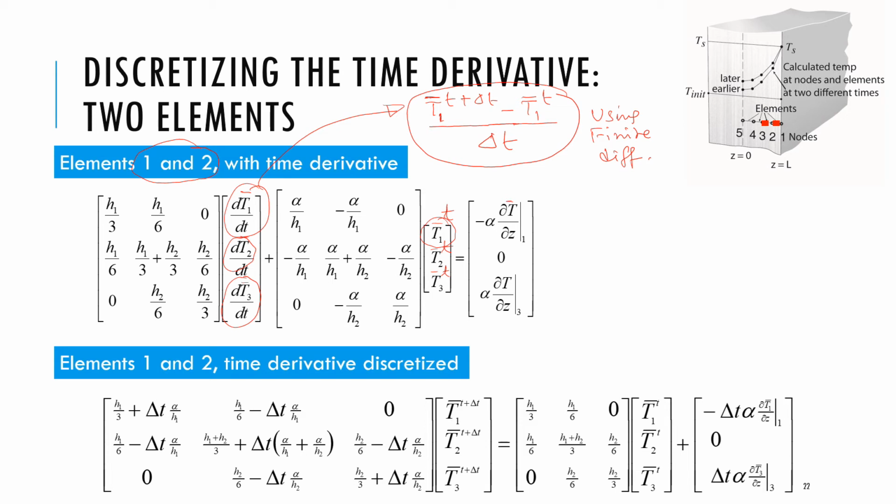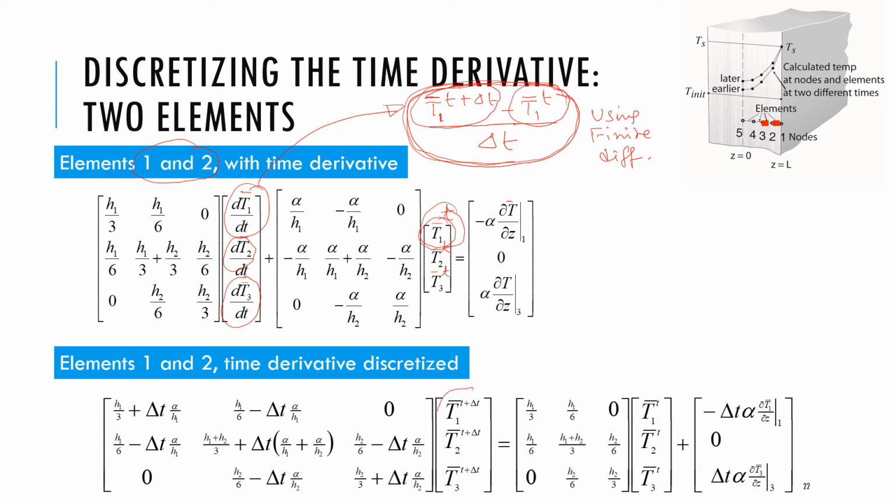So if we substitute these in there for the derivatives, and then simplify again, and you can convince yourself, you can see clearly that we would only have T1 at t plus delta t and T1 at t. Then we collect all the terms that have T1 at t, and we get this equation.